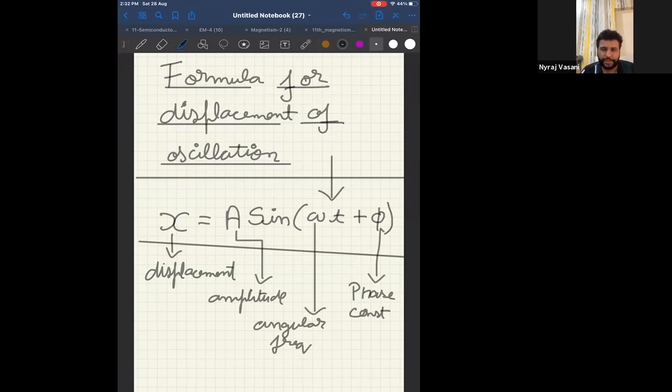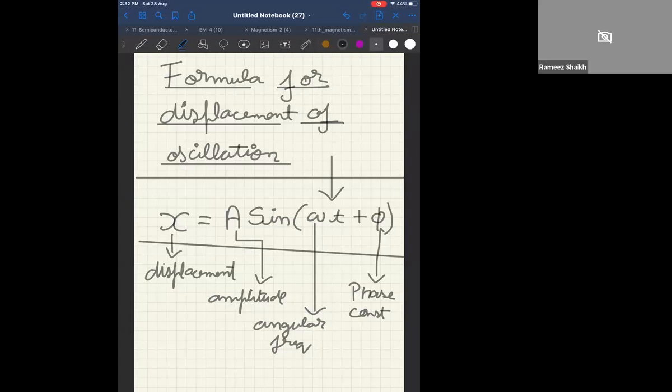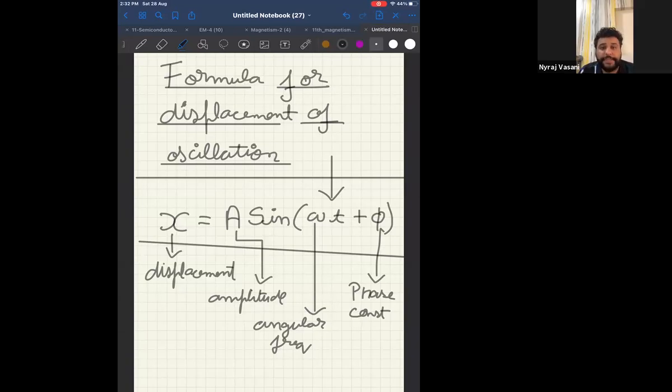Phi means it's just a constant, okay? You know, when you integrate something, you have to put plus c, if you have studied integration somewhere in the first module. So can I say when you integrate something, the answer will be something plus c, correct? That plus c over here is plus phi over here.